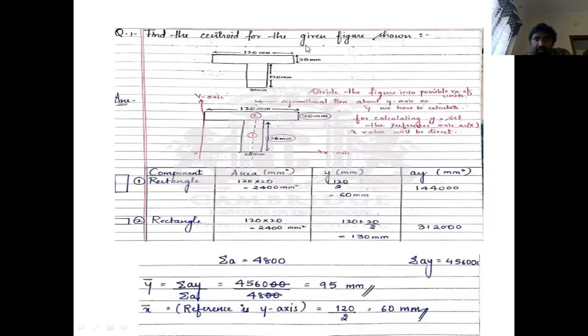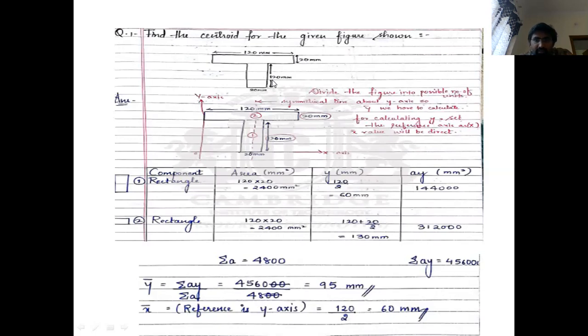Find the centroid for the given figure shown. So what do I mean by it? This is the T section which is of 120 mm width, and this is the flange part, and this one is the web part. In the flange, I have 120 mm width and 20 mm depth. And the web, I have 20 mm width and similarly 120 mm depth.